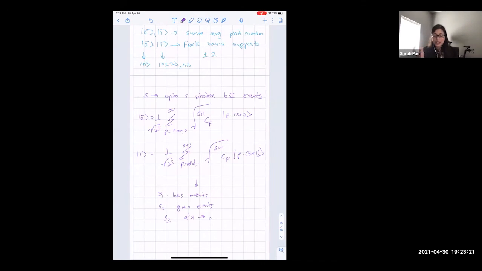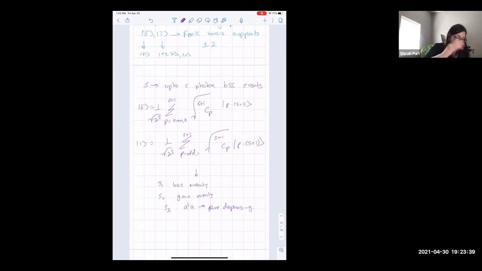In harmonic oscillator language, we call this pure dephasing events, but I don't want you to get confused with dephasing in a qubit, so I prefer not to use this term, but think about this as just coming from frequency fluctuations in an oscillator. You can generalize a binomial code to correct for any number of loss, gain, or pure dephasing events.